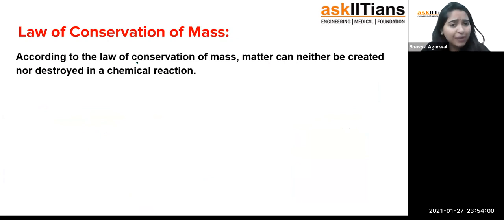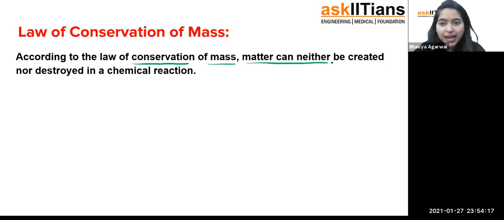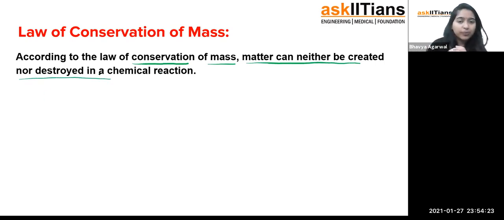Now, as the name suggests, conservation of mass. So basically, in this chemical reaction, we are conserving the overall mass in a chemical reaction. So what do we do? Here, what we say is that matter cannot be created nor destroyed in any chemical reaction.